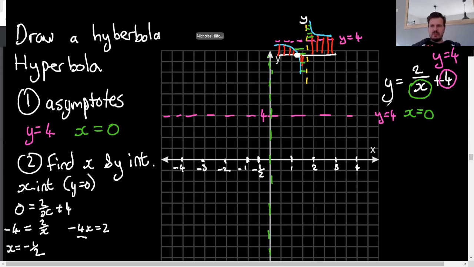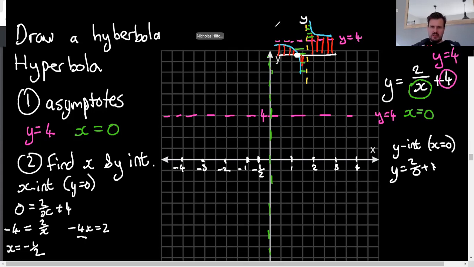Because what happens when you make x 0 to find your y-intercept? What do you do for your y-intercept? You make x equal to 0. Well, what happens if you make x 0? You get 2 over 0 plus 4. It's undefined, meaning you don't have a y-intercept. And that makes sense when we draw it, right?